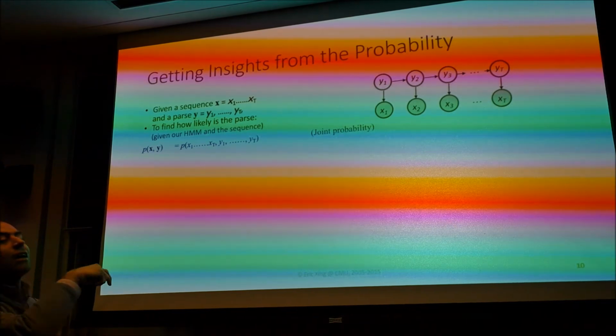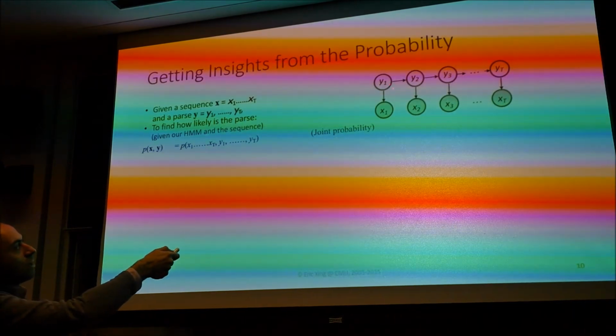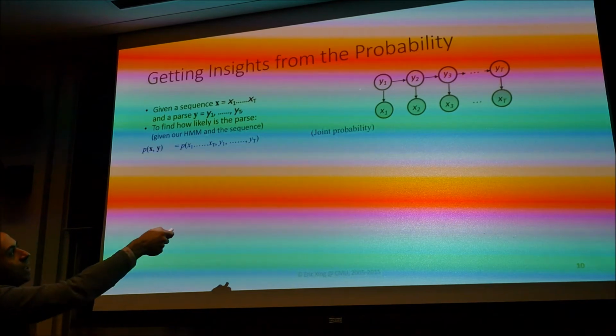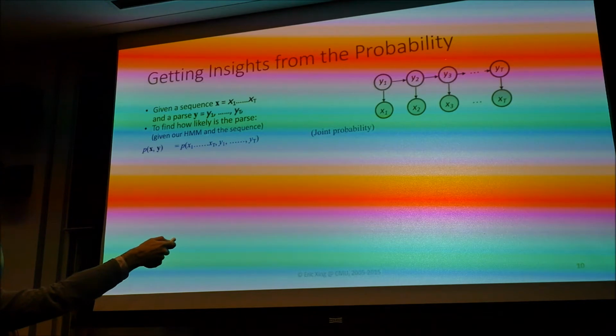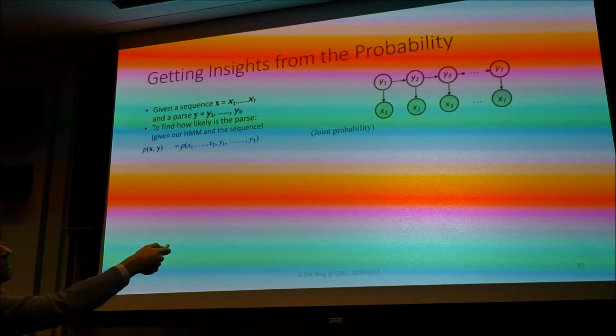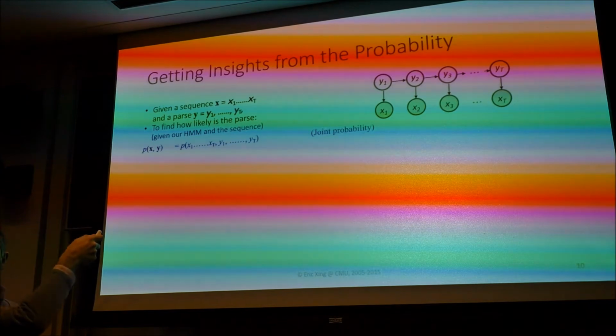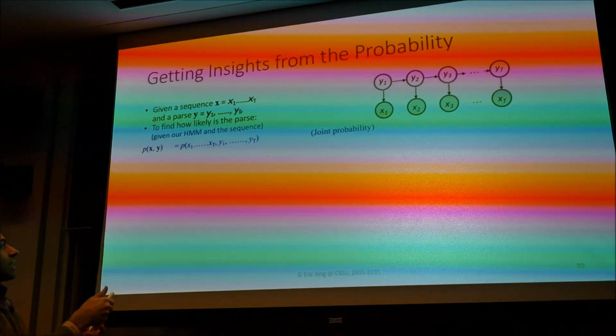P(y2 given y1). All right, so we have to have P(y2 given y1), P(y3 given y2), and so on and so forth. We still have to have P(y1), and what else? P(x1 given y1). Exactly. So that will be this one, right?